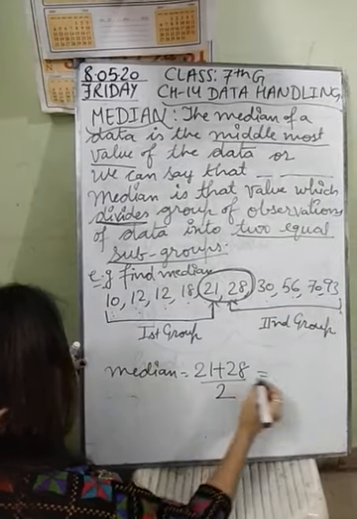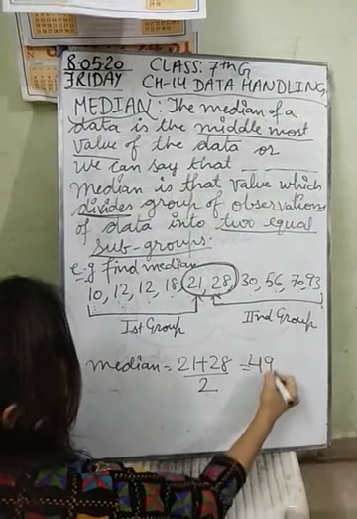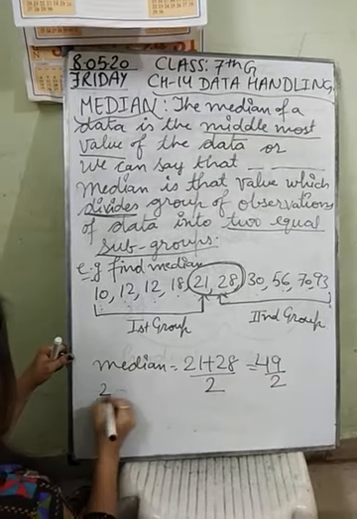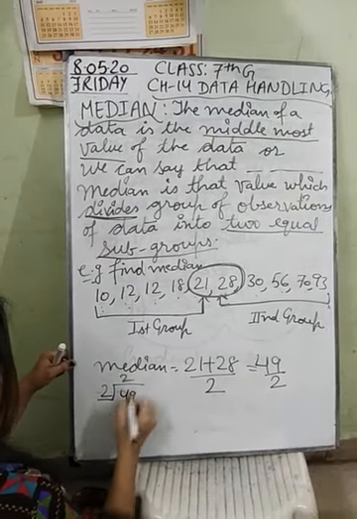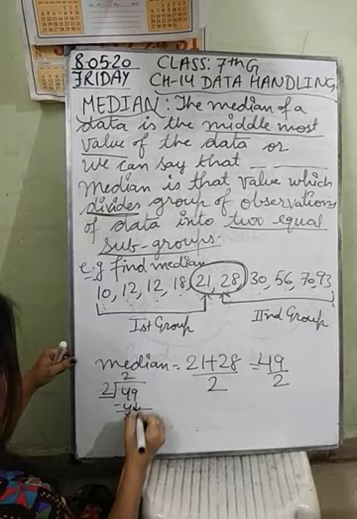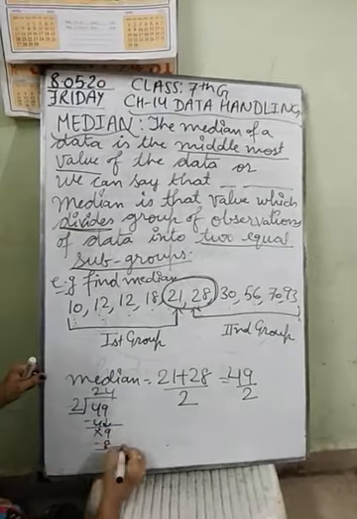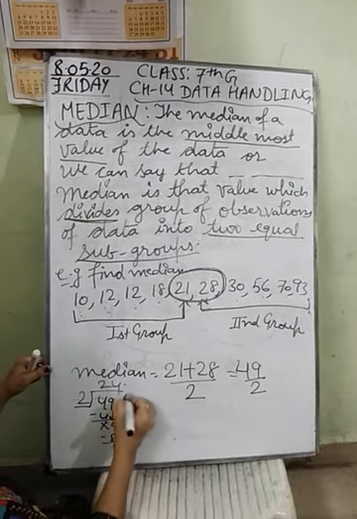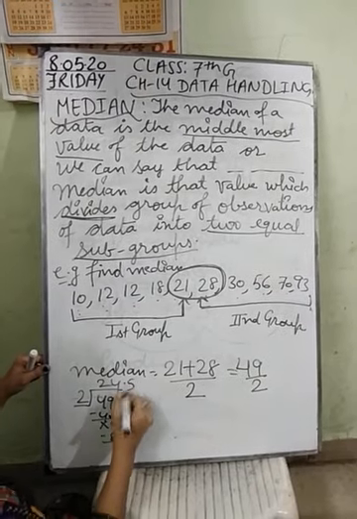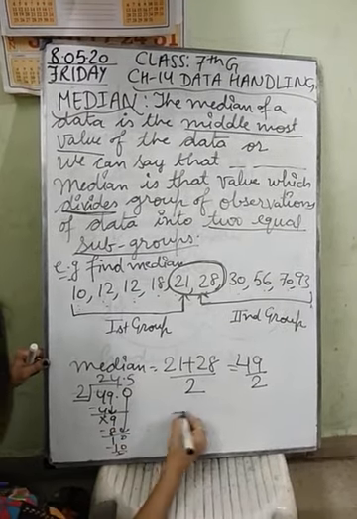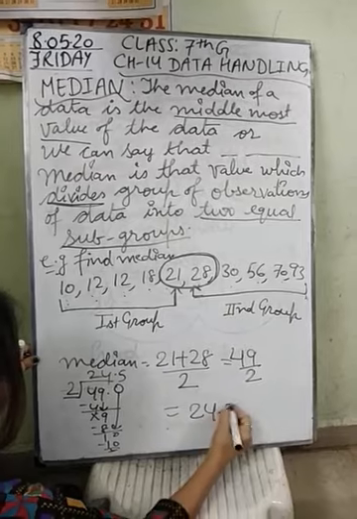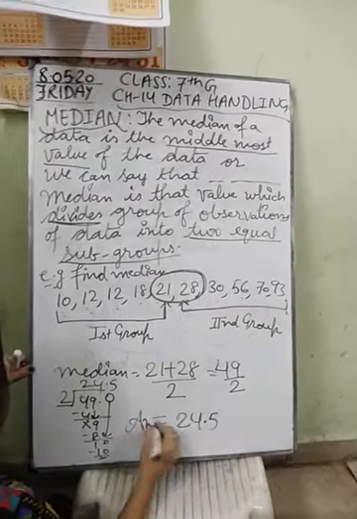So 21 plus 28 is 49. You should divide it like this. 2 2s are 4. 2 4s are 8. Put decimal. 2 5s are 10. So you got your median, 24.5 as your answer.